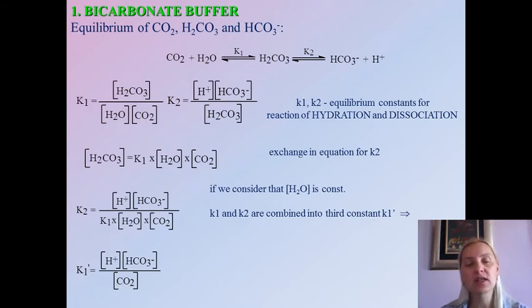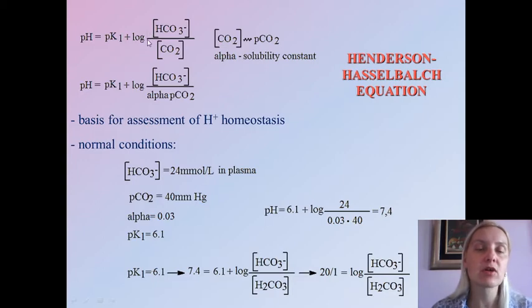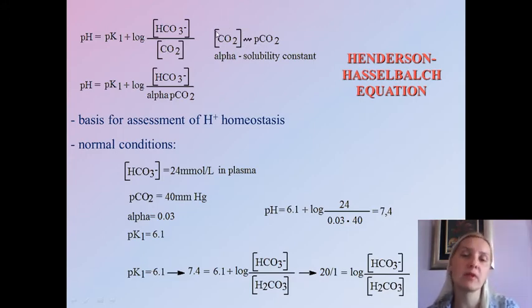Now we can calculate the negative logarithm of this equation, and we're going to get the following equation. pH equals pK1 plus logarithm of the ratio of bicarbonate to carbon dioxide or carbonic acid. So if we consider that concentration of carbon dioxide is proportional to the partial pressure of carbon dioxide, and if we know that alpha is the solubility coefficient, we can write it down in different ways.